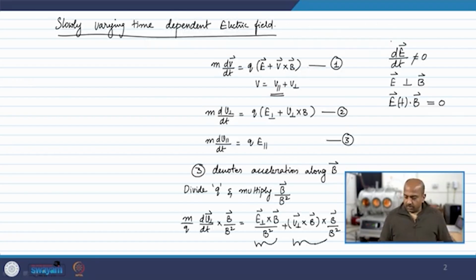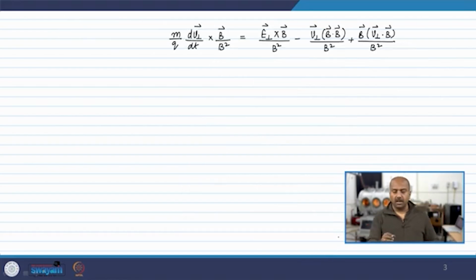What have we done? This is in the form of A cross B cross C. Using the standard vector formula, we have expanded this into these two terms, right.